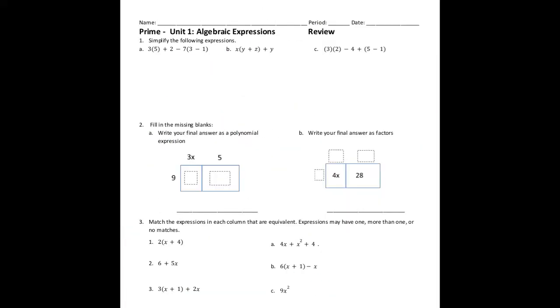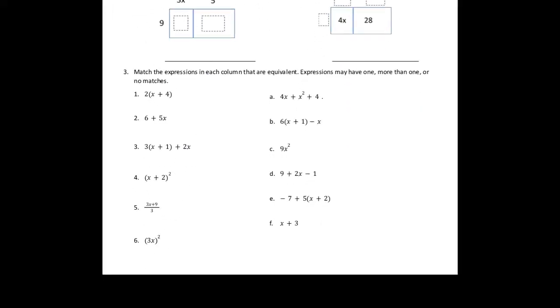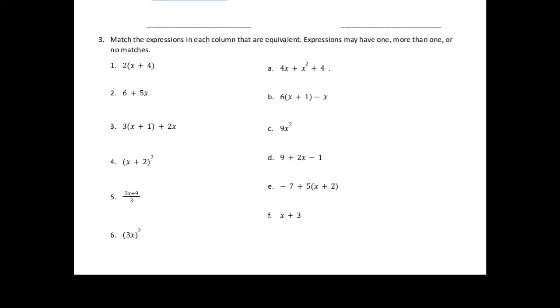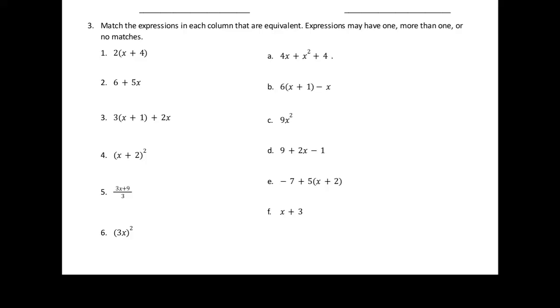Number 3. All right, match the expression in each column that are equivalent. Expressions may have one, more than one, or no matches. Here's what I would say for all of these expressions. You want to simplify them as much as you can. So for the first one, we need to distribute and get 2 times x plus 8.